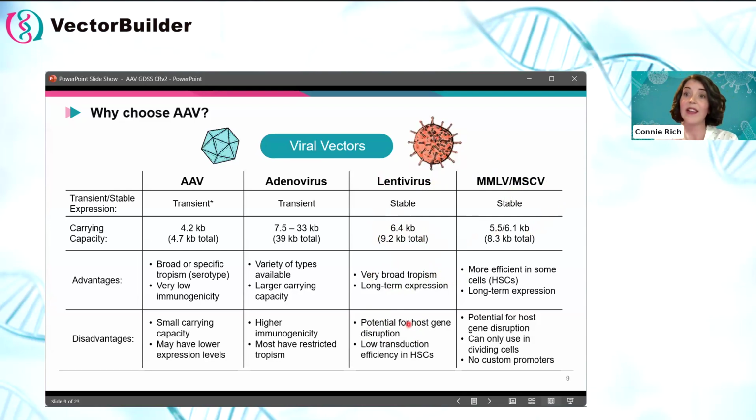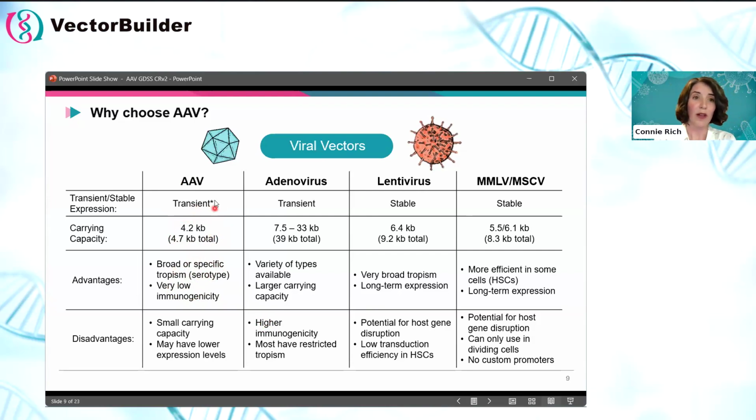If you're looking for something that doesn't stably integrate, especially if you're working in vivo, then you're going to be looking at one of these two options, our AAV or our good old friend adenovirus. So when you're debating between these two, AAV does tend to be by far the more popular option because although you have a much lower carrying capacity, the very low immunogenicity, especially compared to adenovirus, and the control that you have over the specificity makes it a really good candidate.